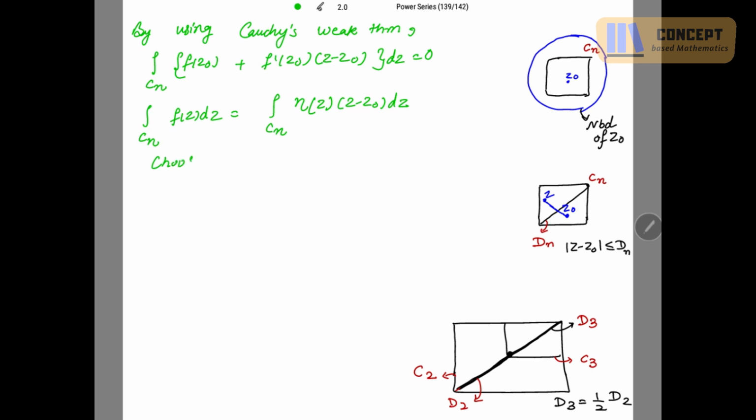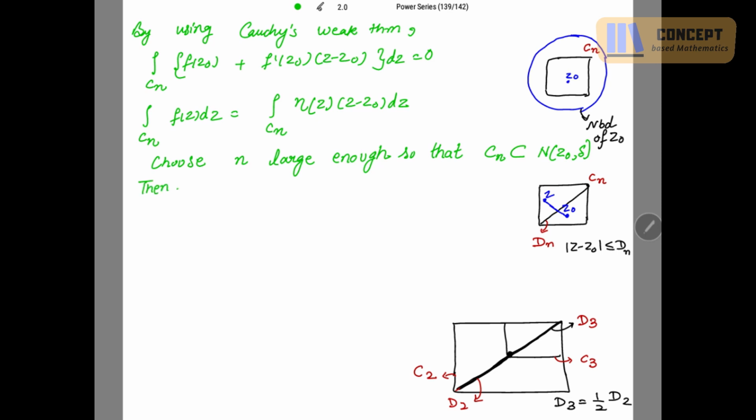So choose n large enough so that this Cn rectangle is contained in the neighborhood of z0, delta.